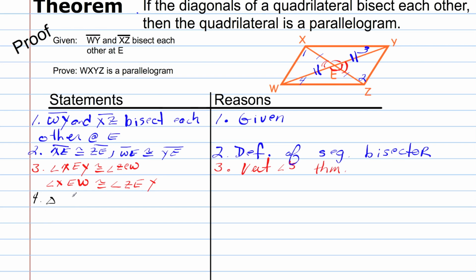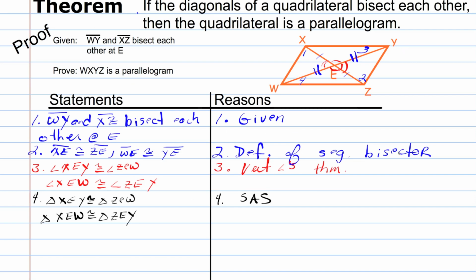So triangle XEY is congruent to triangle ZEW, and triangle XEW is congruent to triangle ZEY. And the reason for that is the side angle side. Again, it's the top triangle congruent to the bottom triangle and the left triangle congruent to the right triangle.